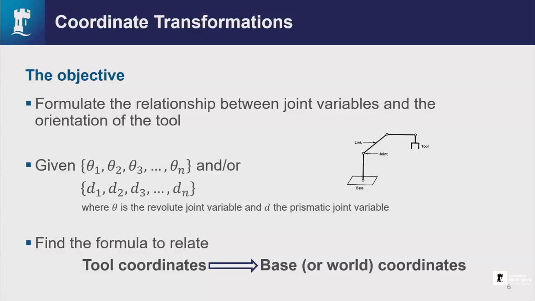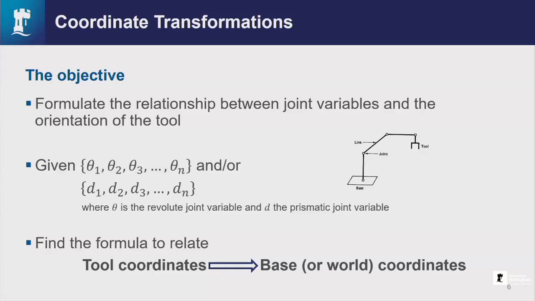The analysis is exactly the same, it's just more involved, so you're not missing out on anything there. If you want to go to the effort of doing a full robot with major and minor joints, you can, using exactly the same approach that I will describe in this module. So given theta, where theta is the revolute joint variable, and D, where D is the prismatic joint variable, we want to find a formula that relates the tool coordinates.